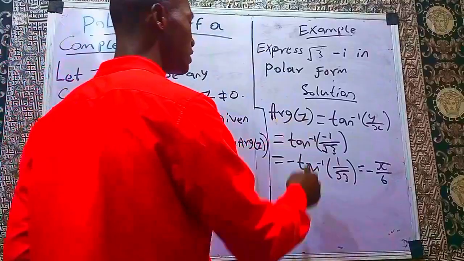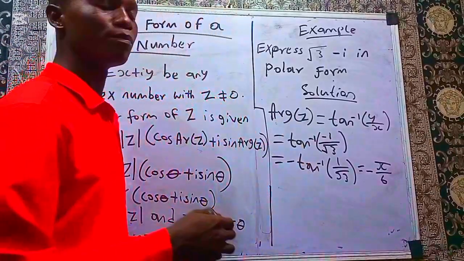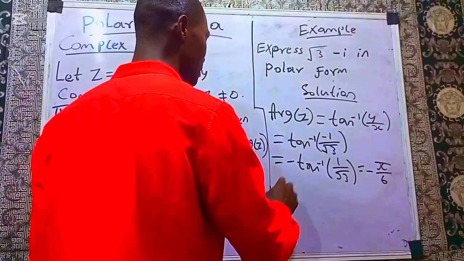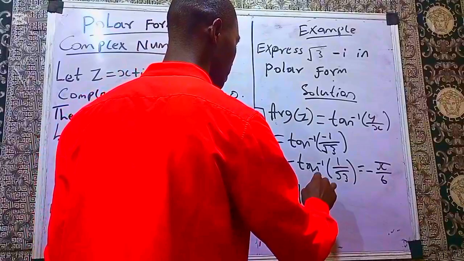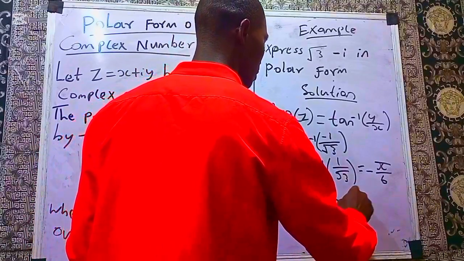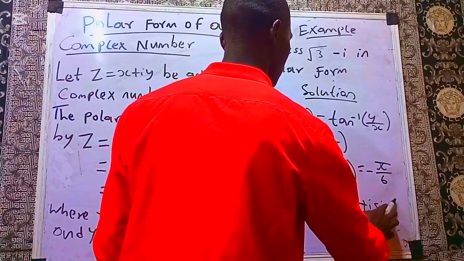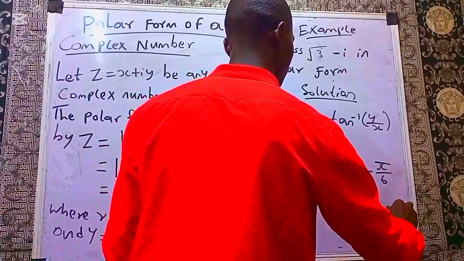So quickly, we now write the formula for the polar form of a complex number. That is the polar form of a complex number: z is equal to modulus of z into cosine theta plus i sine theta.